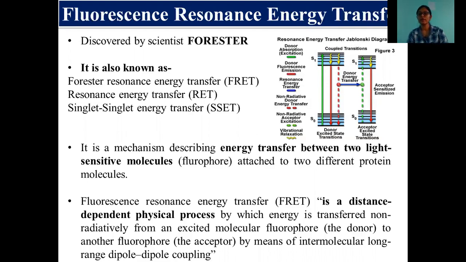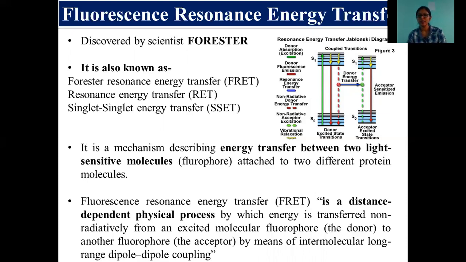There are many fluorophore molecules used in biological systems to study various processes, like here the protein-protein interaction, for which we use fluorescent molecules. Generally you know about green fluorescent protein, or GFP. There are many variants of GFP available that can be used in biological systems to understand the various mechanisms happening in the cell.